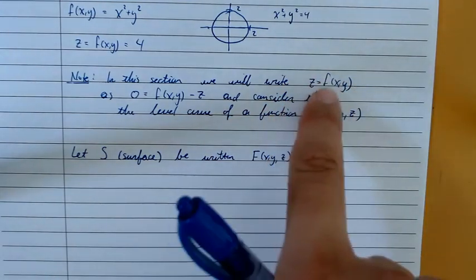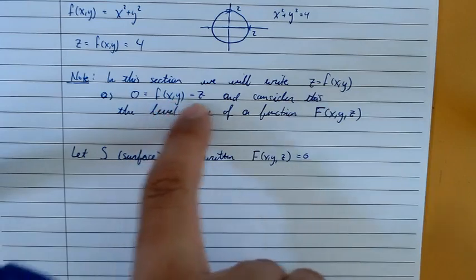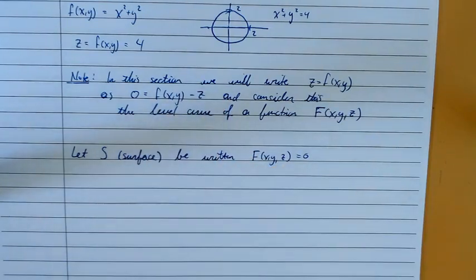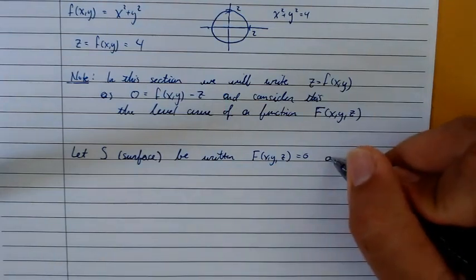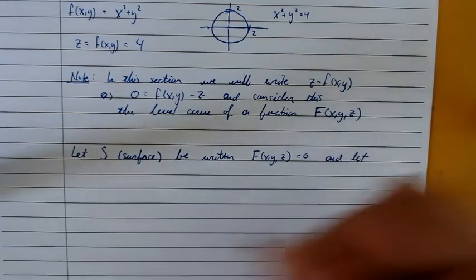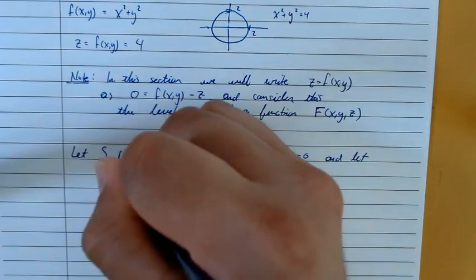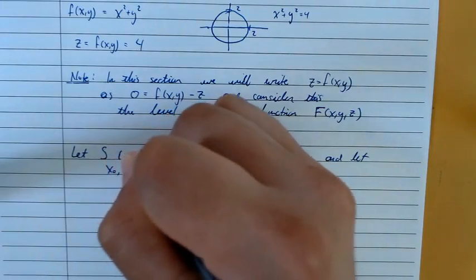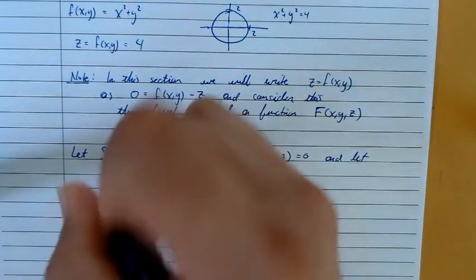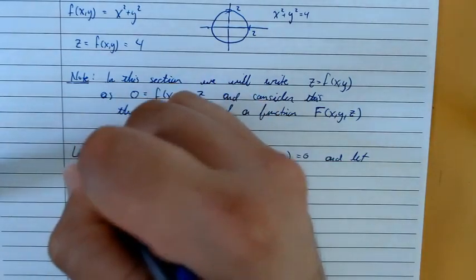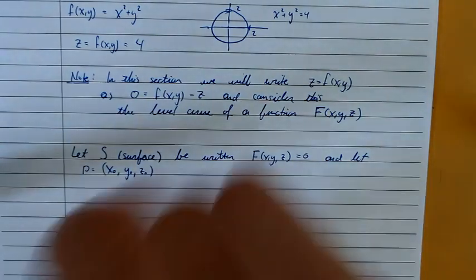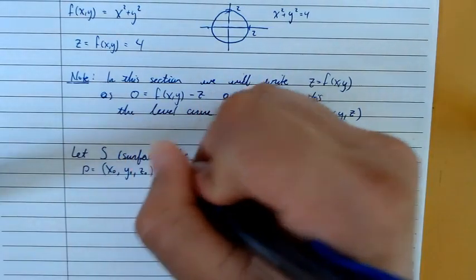So in other words, take one of these, move that over, and then call that thing capital F of x comma y comma z. Okay? Now let x naught comma y naught comma z naught be a point on that surface S. So here I'll call this P for point. Let P equal that point be a point on the surface S.